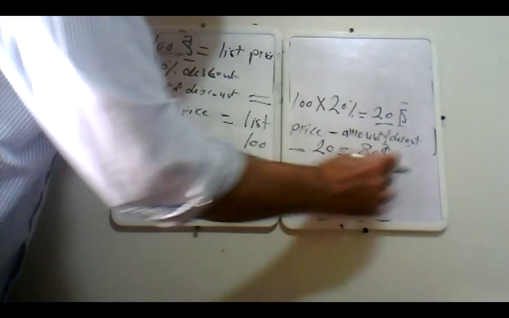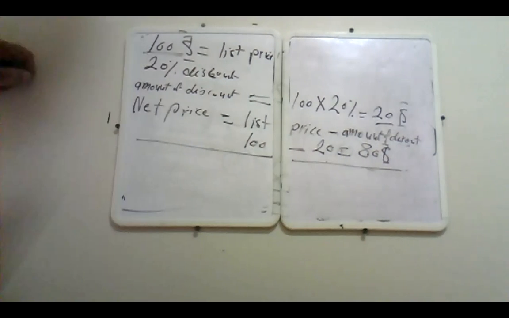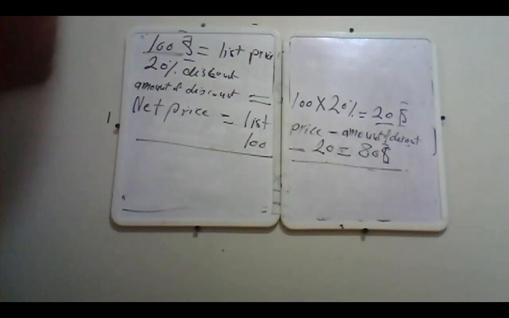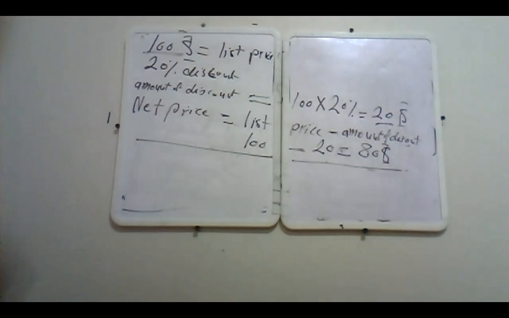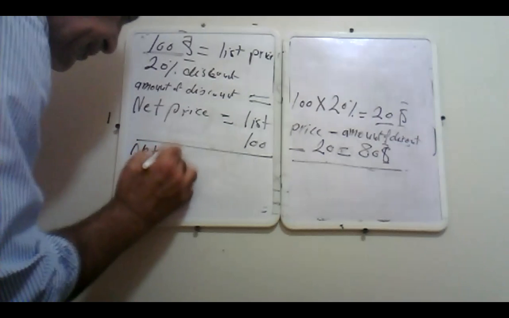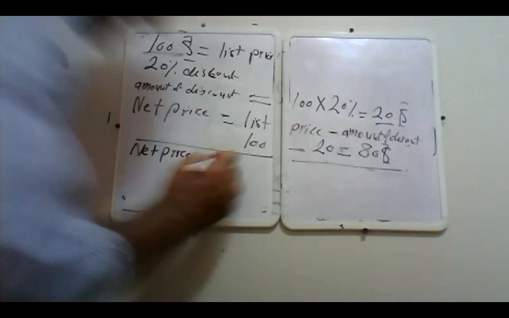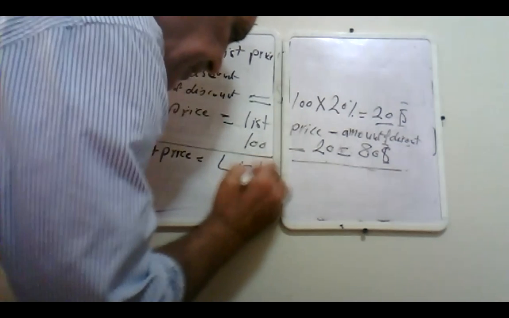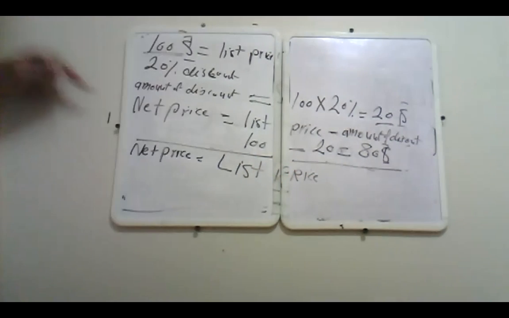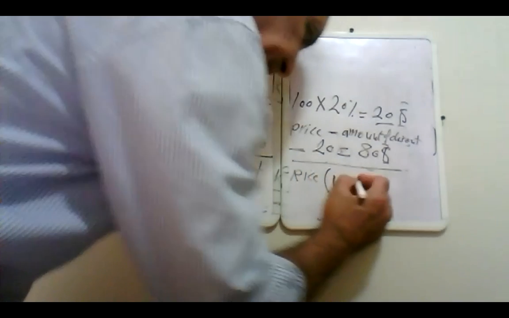We would say there is an alternate solution for this problem. I can solve it in only one step, like this. I will say that the net price will equal the list price multiplied by 1 minus the discount rate.